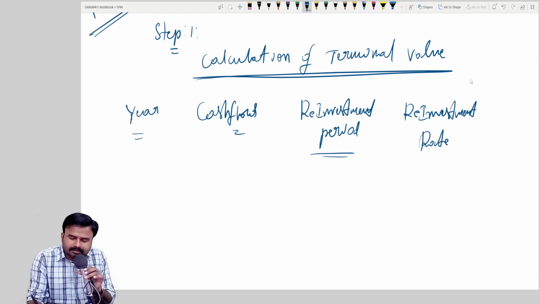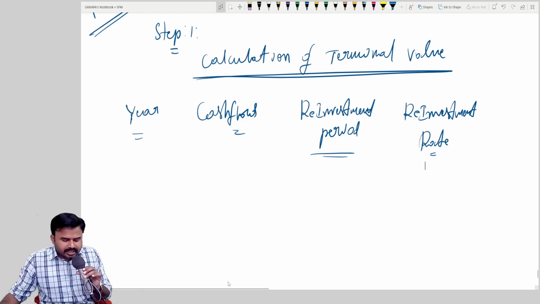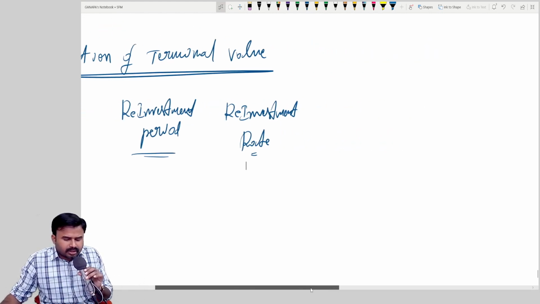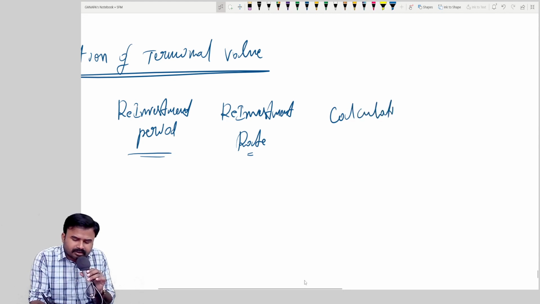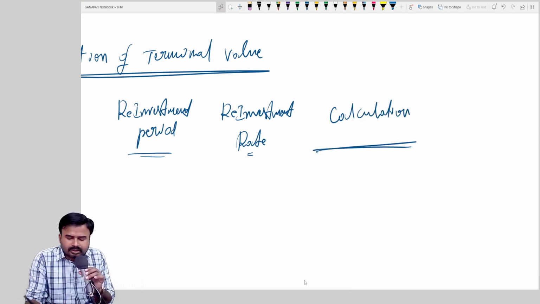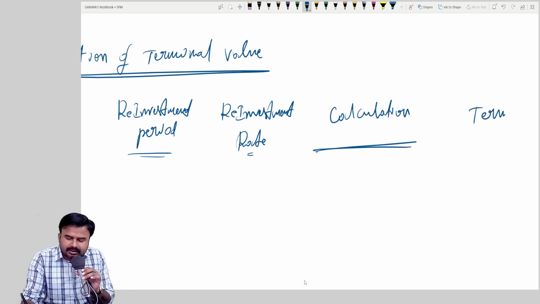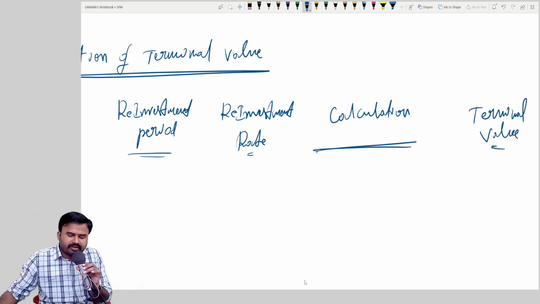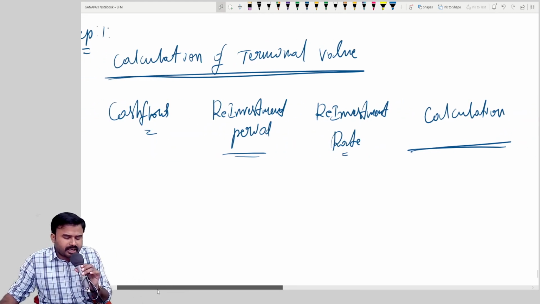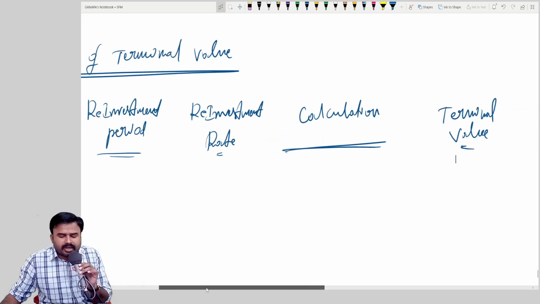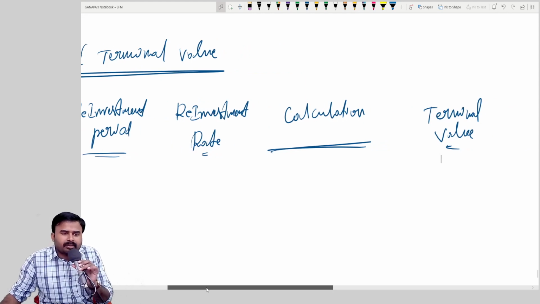Reinvestment rate. And the next column is calculation, because you have to convert all the years' inflows into terminal year under this column. And finally, I'll get terminal value. Tell me, what are the required columns? Cash flows, reinvestment period, reinvestment rate, calculation, terminal value.